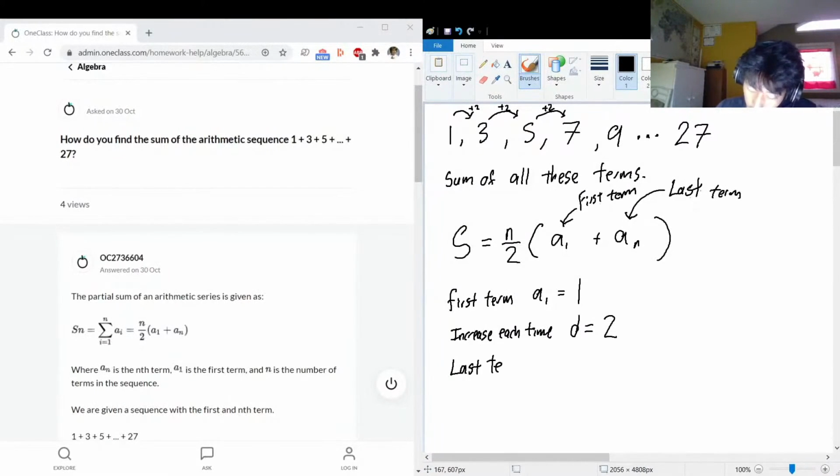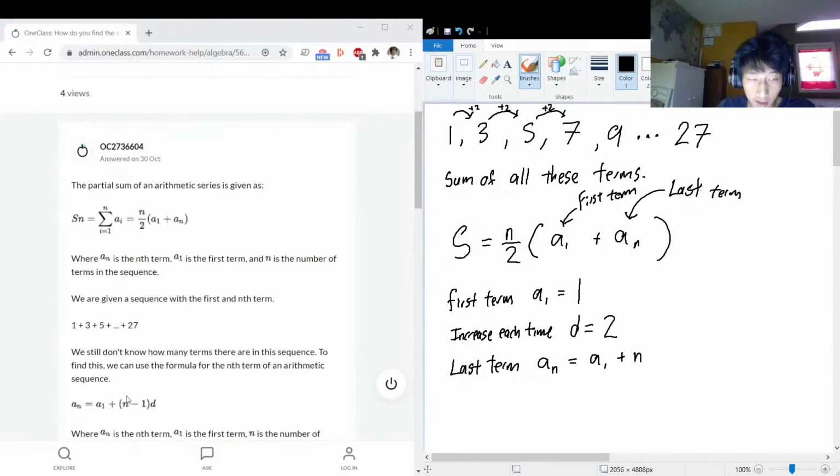The last term is an. That's equal to the first term, a1, plus n, which is how many terms there are. Is it n minus 1? I think it's n minus 1, because the second term you're only increasing by 1. Yep, they have n minus 1 multiplied by the increase every time.